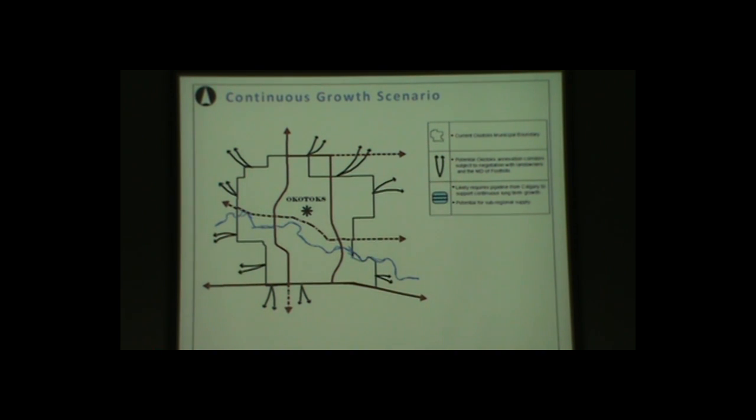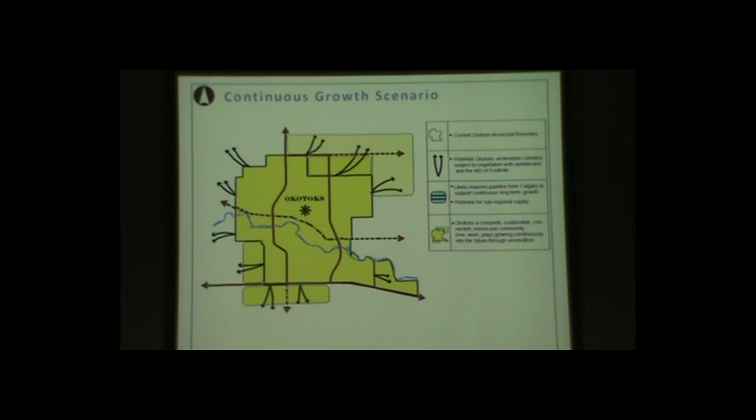With respect to water, it would likely require a pipeline from Calgary, as Marley has pointed out, to support continuous long-term growth. There may be some interim solutions, but they would be a sub-regional supply, potentially from a neighboring municipality, to sustain and accommodate this type of growth. This next slide shows how Okotoks might grow through annexation into the future.